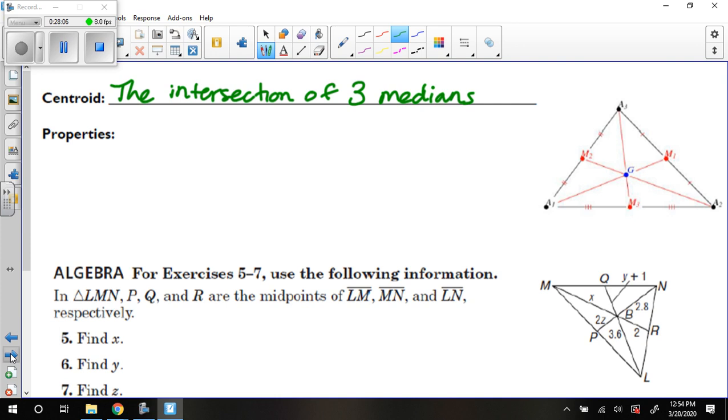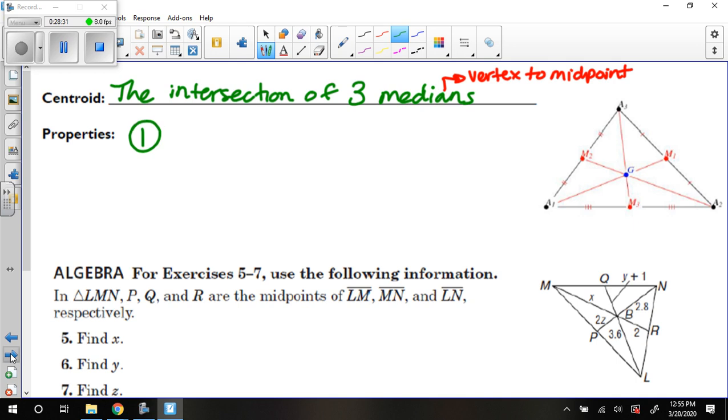Let's review what a median is really quick. A median goes from a vertex to the midpoint of the opposite side. So vertex to midpoint.